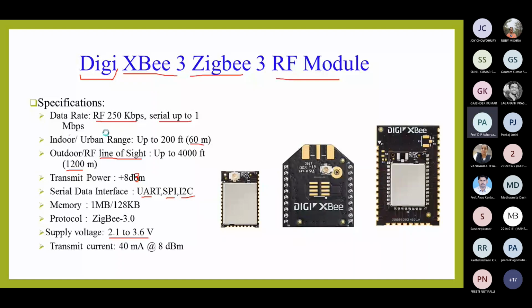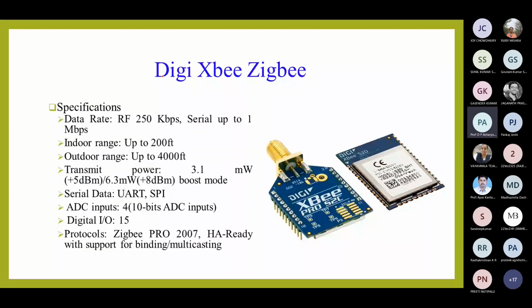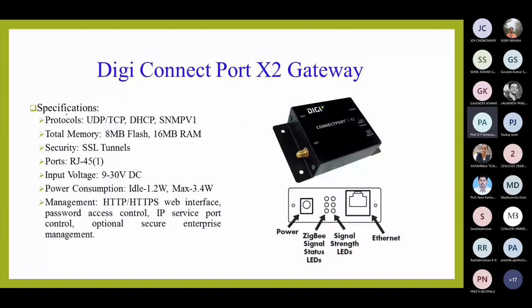So this is again the Digi XBee Zigbee. UART and SPI are there. Then it uses Zigbee Pro 2007. You have the Digi Connect Port X2 gateway, where you have UDP, TCP, DHCP, and SNMP version 1.